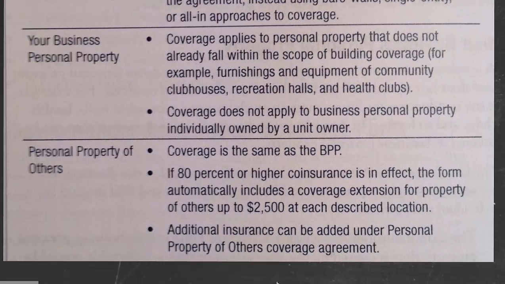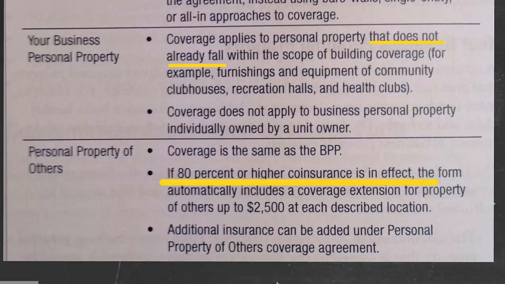Now let's look at your business personal property. Coverage applies to the personal property that does not already fall within the scope of building coverage, for example, furnishings and equipment of community clubhouses, recreation halls, and health clubs. Coverage does not apply to business personal property. And then with respect to personal property of others, coverage is the same as the BPP.